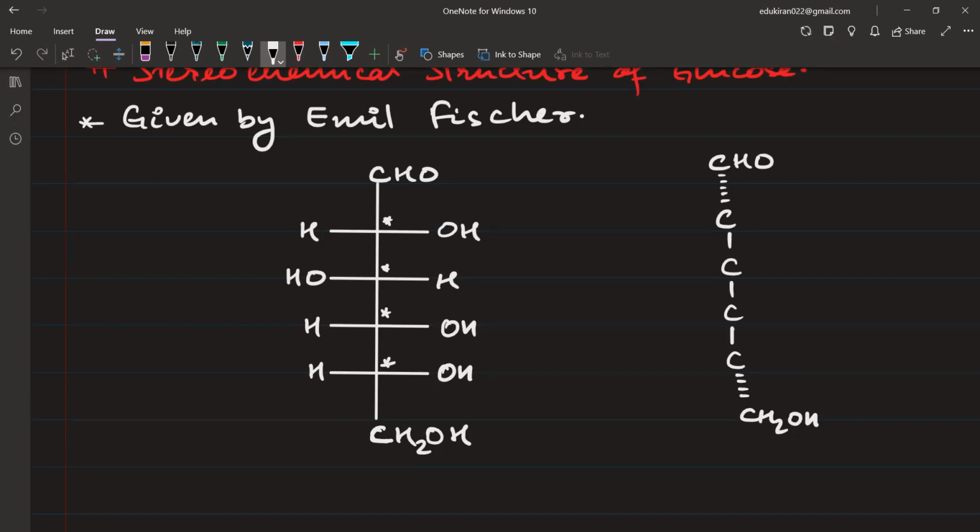All of these are in plane. Then you have these two groups above the plane: OH here, hydrogen here, OH here, and hydrogen there.